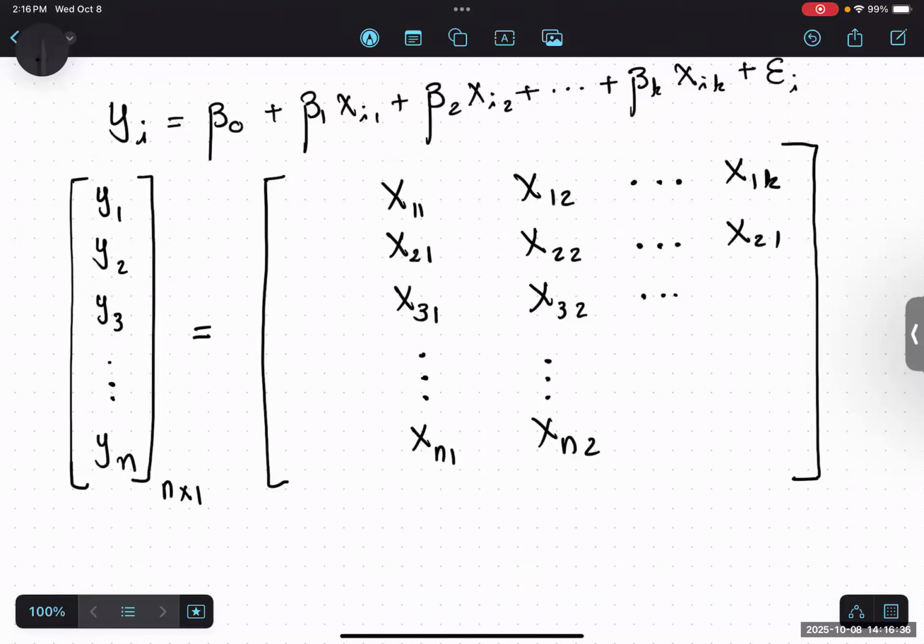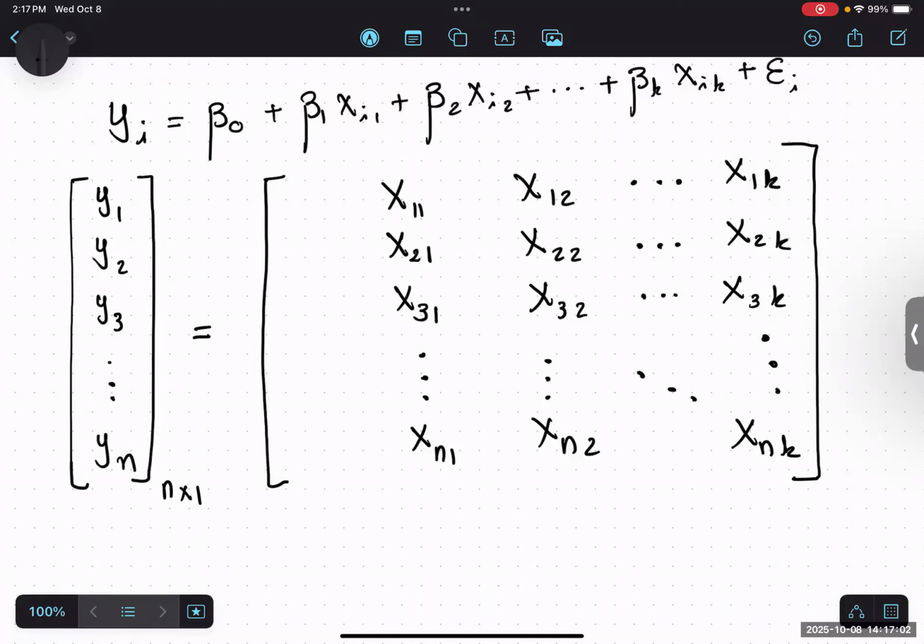This is true for the second observation, regressor k, third observation, regressor k, and I will do it in this way. The last one you will observe is for the n individual, and your k regressor.